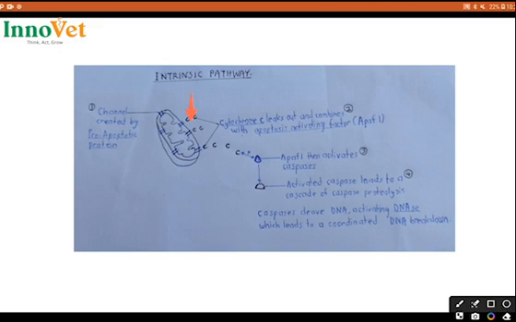So this cytochrome C that leaks out then goes on to combine with apoptosis activating factor, also called APAF1. When cytochrome C combines with apoptosis activating factor, the factor will then activate caspases, which are our protease enzymes.